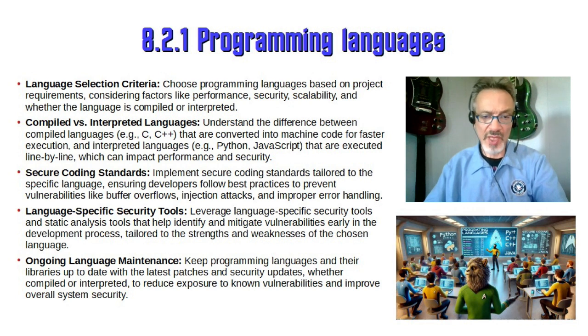Each programming language has its own set of tools that can help identify vulnerabilities early in the development process. These include static analysis tools tailored to the specific language you are working with. And ongoing language maintenance. Lastly, keeping your programming languages and their associated libraries up to date is key to minimizing exposure to known vulnerabilities.